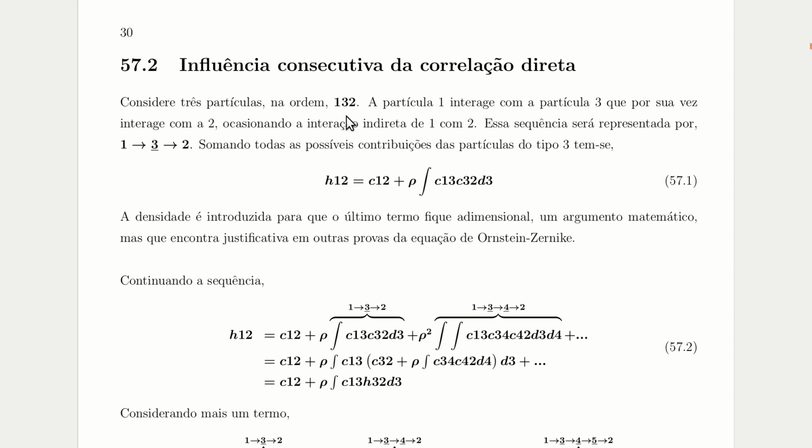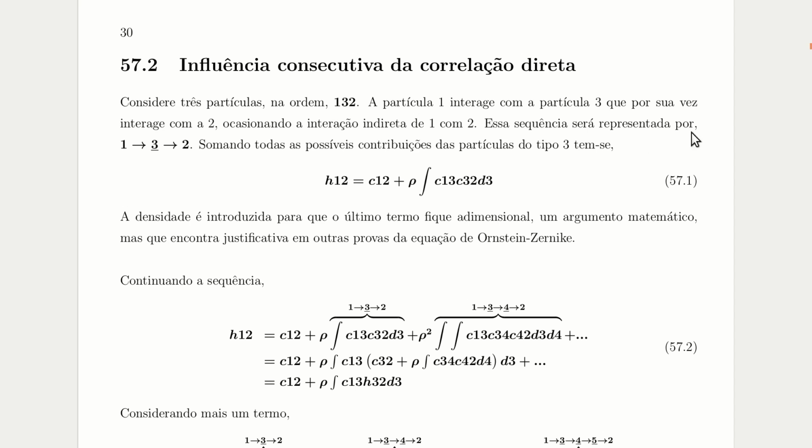Consider now three particles in this sequence: 1, 3, and 2. There will be a direct interaction between 1 and 3, and also a direct interaction between 3 and 2. And consequently, there will be an indirect interaction between 1 and 2.